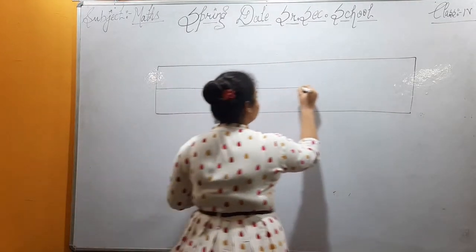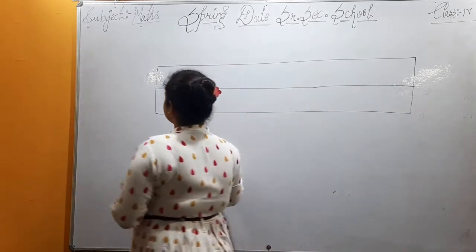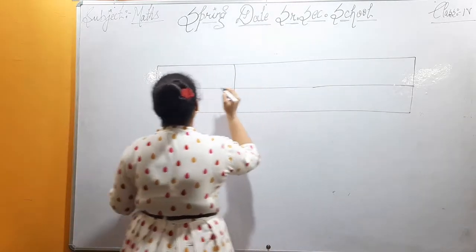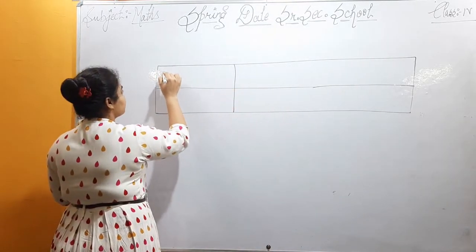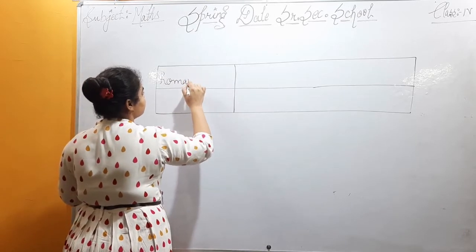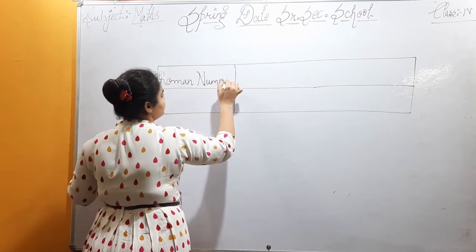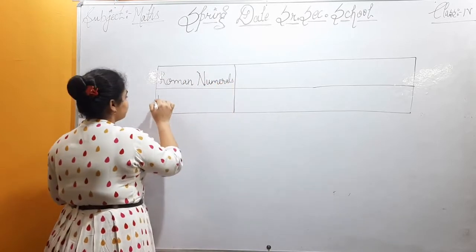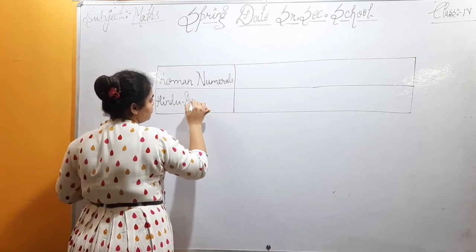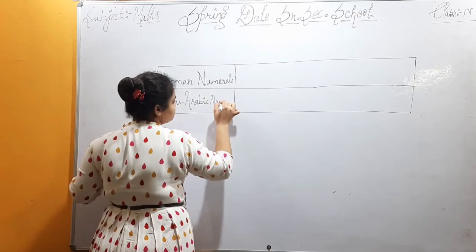Children, I am making this table so that you can understand which Roman numeral denotes which number. Roman numerals, Hindu Arabic numerals.